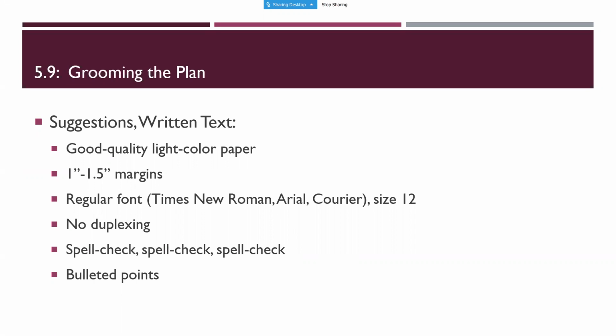So you don't want to print this on like a dark green copy paper. Black text on the dark green paper, you do not see it well. So the book even said to go for white paper. I said, light color. You could get away with using a beige, I think. Or a light gray even.